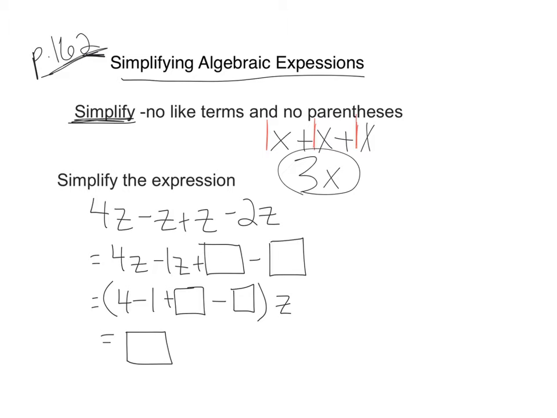So would we do 3 times x or 3 times x times x times x? Just 3 times x. Yep. Okay. Similar example in your book, it's 2y minus y.